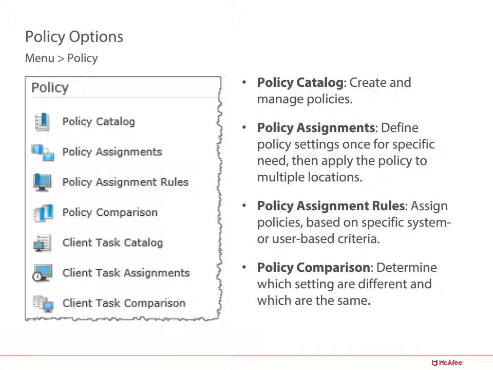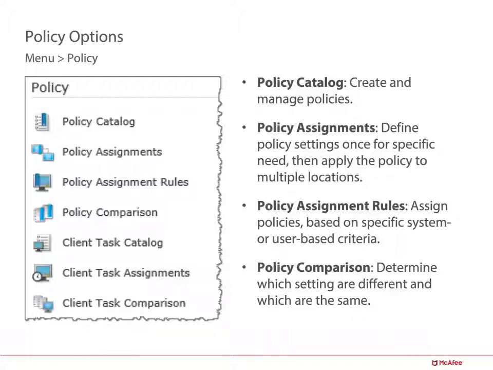Within the EPO interface, we have these different policy options. The policy catalog is the central location for me to create and manage all of my policies, along with the default policies. The policy assignments option automatically takes me to the system tree with the policy assignment tab, where I can assign my different policies.